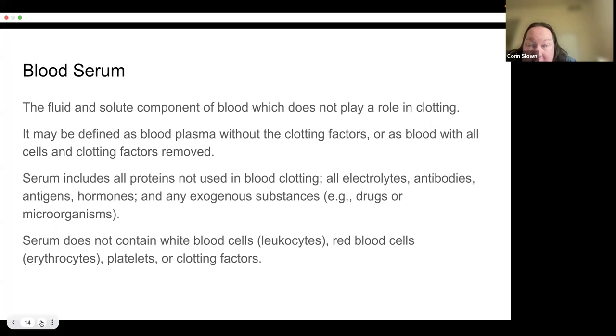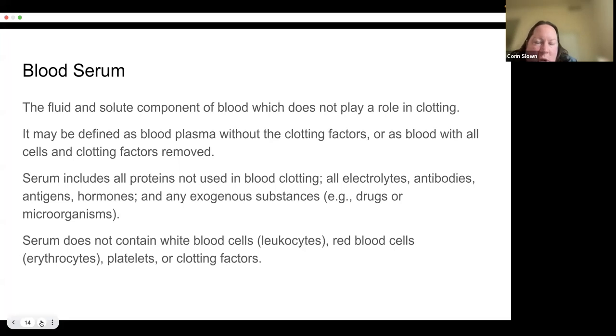Serum is typically the proteins that aren't used in blood clotting. So all electrolytes, antibodies, antigens, sometimes hormones, and any exogenous substance, so drugs, microorganisms, etc. That's what's going to show up in your blood serum. What it does not contain are white blood cells or leukocytes, red blood cells, your erythrocytes, platelets, or clotting factors.